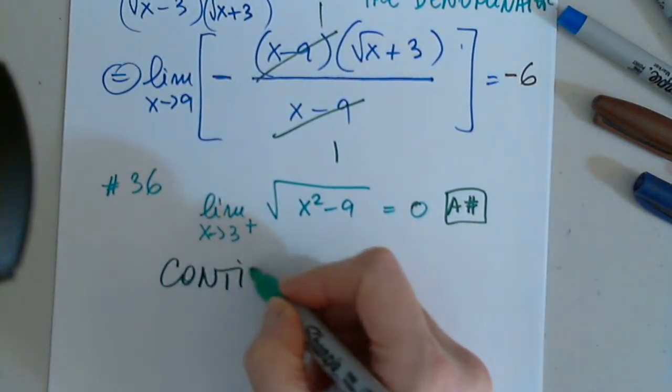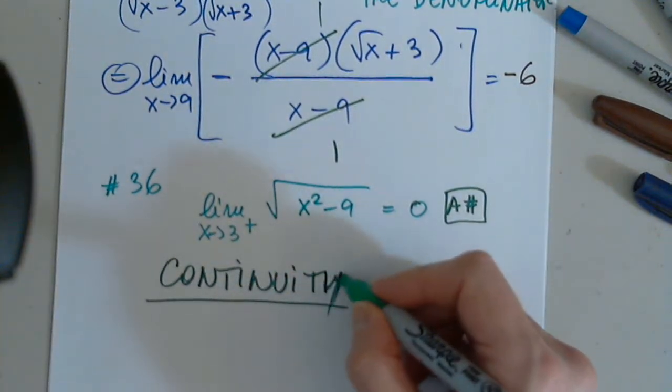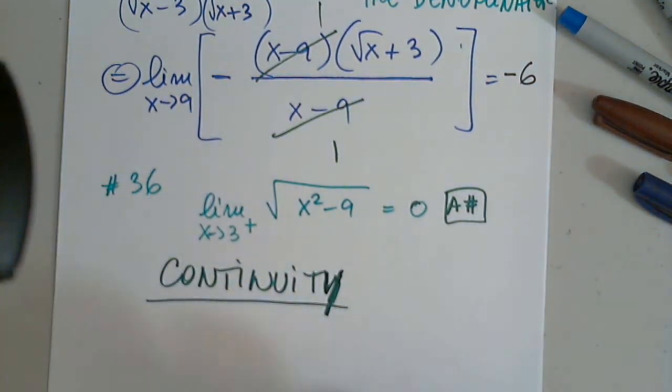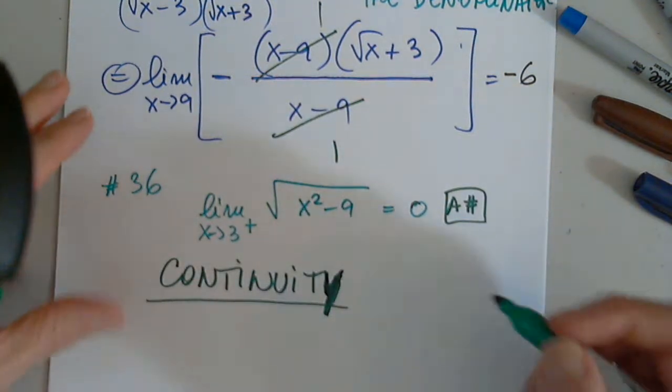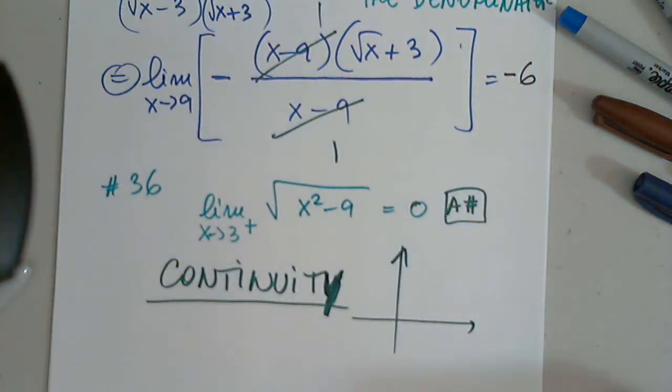Continuity. Okay. Here's a function. I'm going to graph a function, and you will tell me whether this function is continuous.